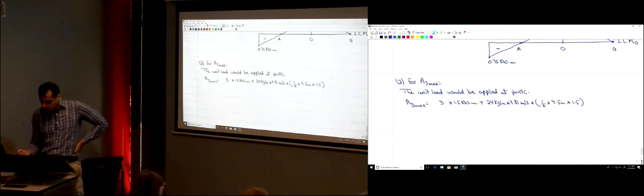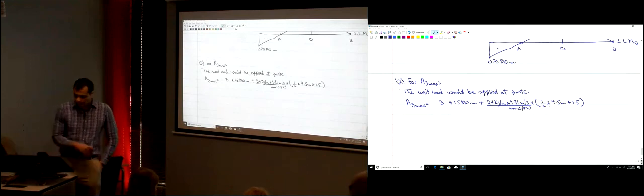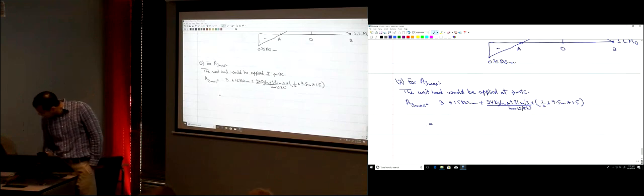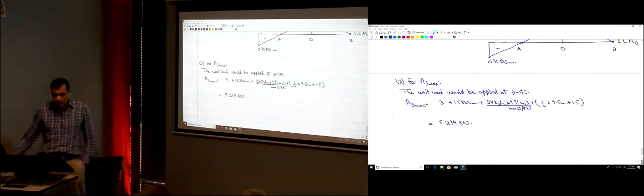This is going to be in newtons, so I just divide by 1,000 newton per kilonewton. Here we're going to have AY max being 5.294 kilonewtons. That's the maximum AY.